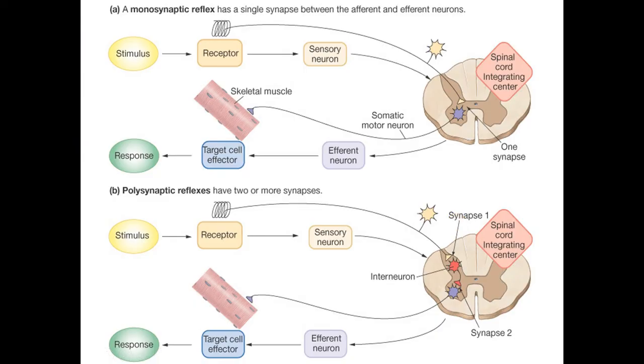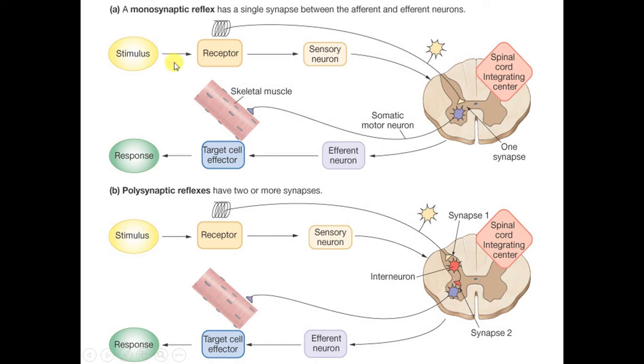This figure shows the monosynaptic reflex, or the muscle stretch reflex overall. A monosynaptic reflex has a single synapse between the afferent and efferent neurons.